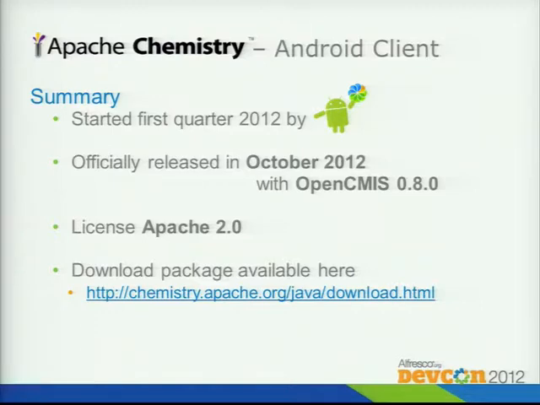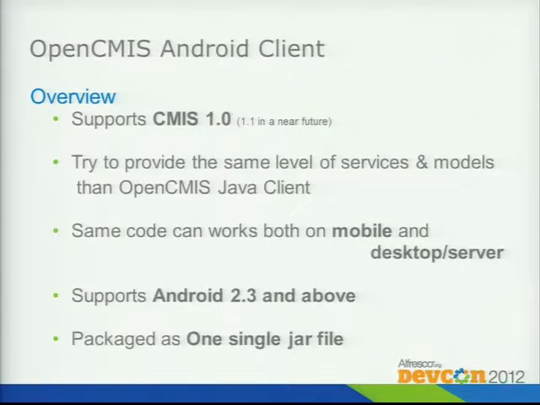So in this case, you can reuse it as you want. You can modify it. You can change it. It's up to you to create your own version if you want. The download package is available at this link if you want to test it and implement it.